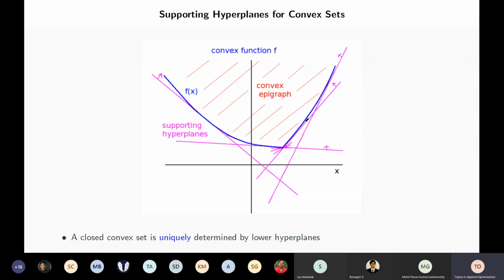We started with conjugate functions, and out of nowhere we defined something with conjugate functions, and then we are now looking into supporting hyperplanes of sets. And for a convex function, what we know is that we can support this convex function. In other words, we can approximate this convex function via a collection of supporting hyperplanes.